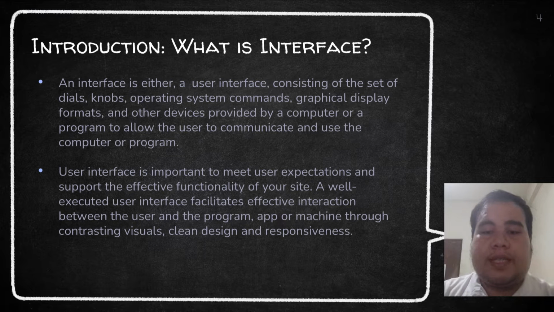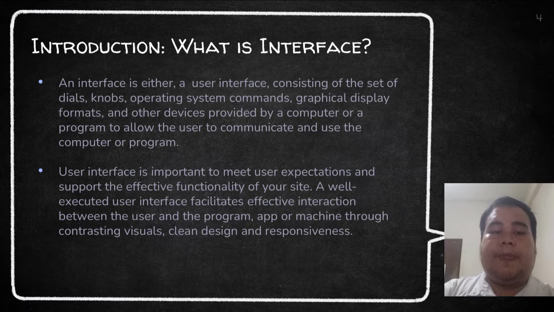So the interface allows the user and the computer to communicate with the help of respective commands and graphical display formats, which are provided by the computer or any device itself.